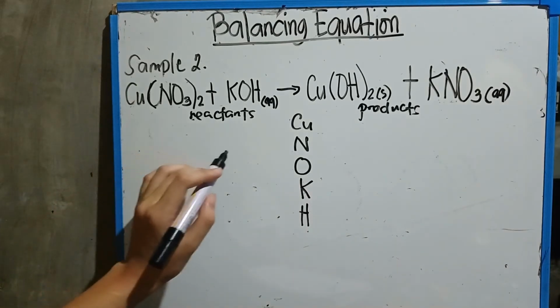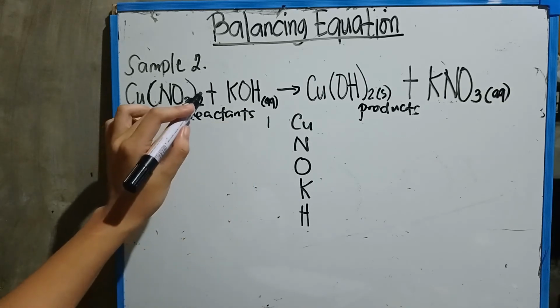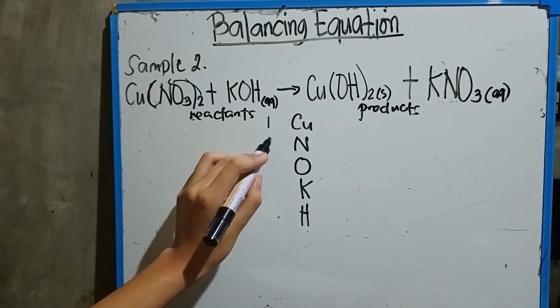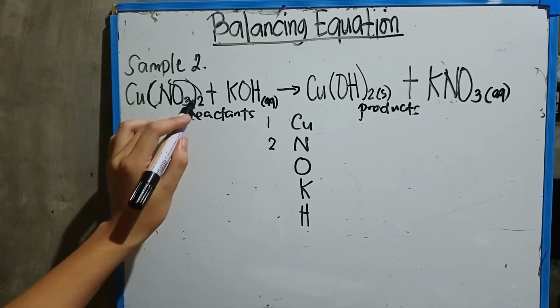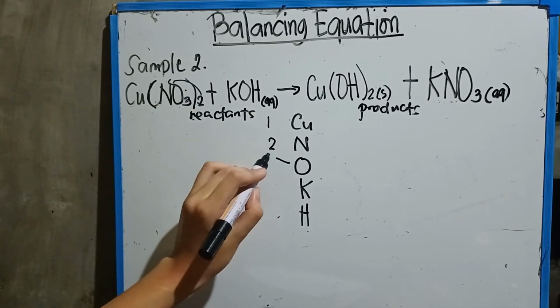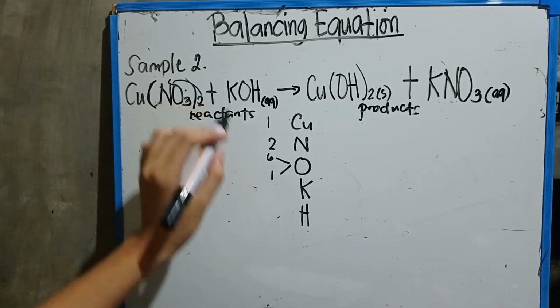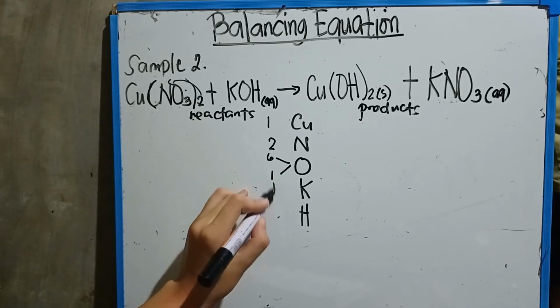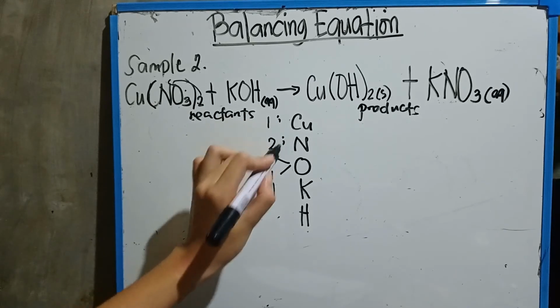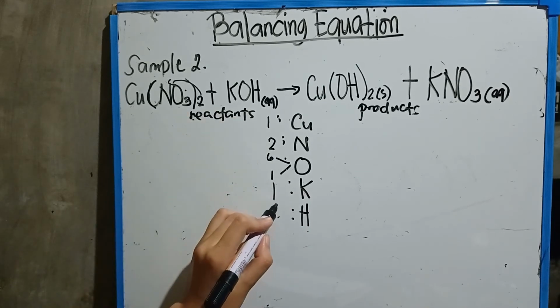So here you have 1 copper. So 2 times 1, we have 2 nitrogen. Our oxygen is 2 times 3, we have 6, and also we have 1. For our potassium, we have also 1. Our hydrogen, we have also 1.